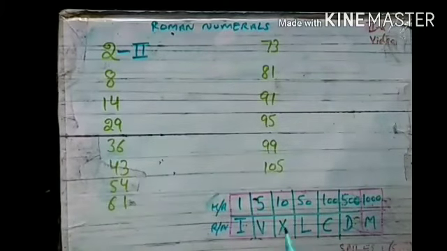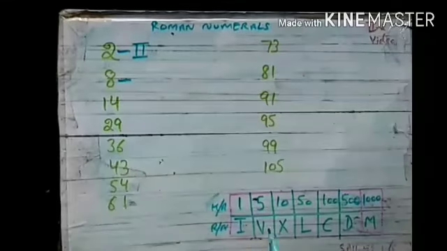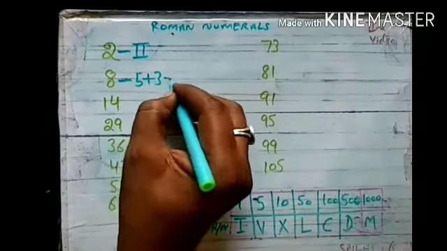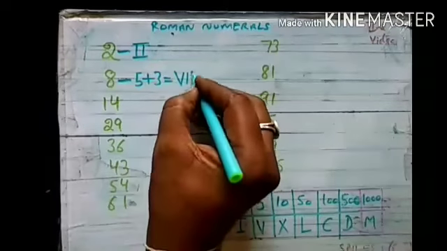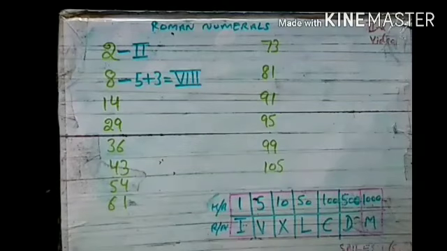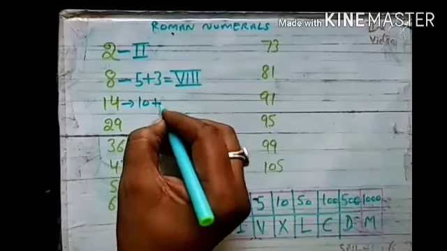Now 8 will be 5 plus 3, therefore the symbol for 5 I can write as this, 5 plus 3. Now 5 and 3 will be written like this. So this is the symbol for 8. Now 14 can be written as 10 plus 4.